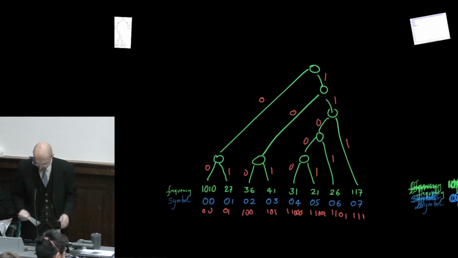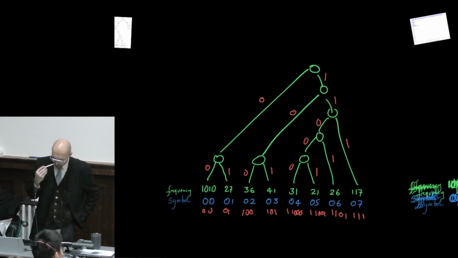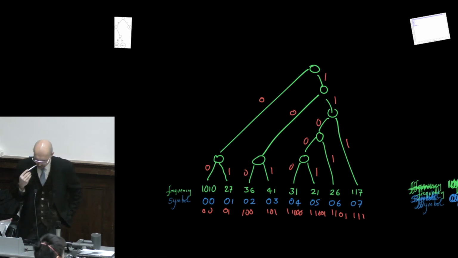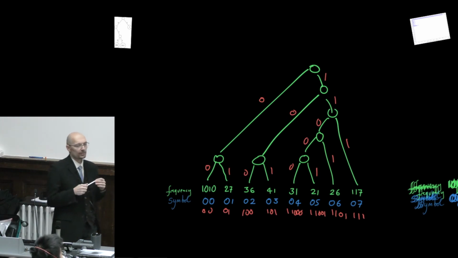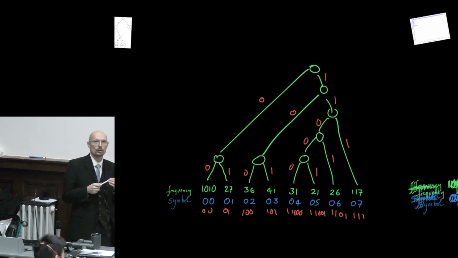I was drawing at the bottom of the screen the code words that you obtain by following through the branches. And I hope I haven't made mistakes in copying them down, but I hope one of you will alert me if I have. So my next job is to say, how much would this cost? So the cost of a code, in terms of the compression, I can just talk of the cost of a code in general, regardless of the input.